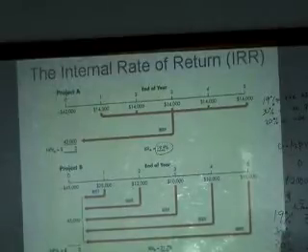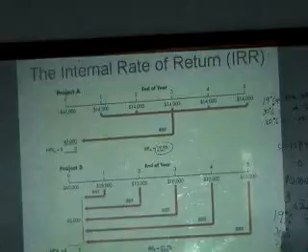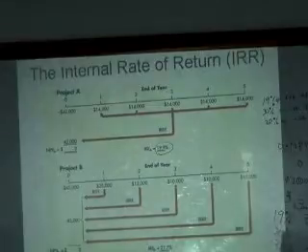What he did is CF divided by 1 plus K power of 5, minus the initial investment, equal to 0.